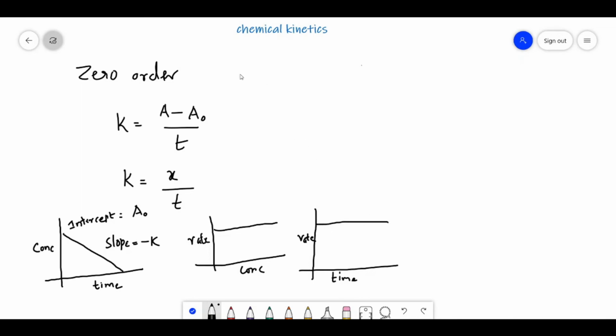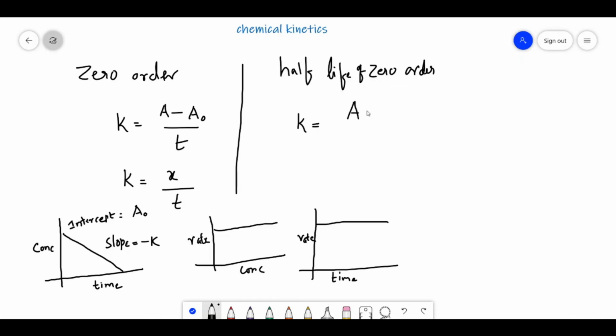And if you calculate the half life of zero order, you can take K is equal to a minus a by 2 by t.